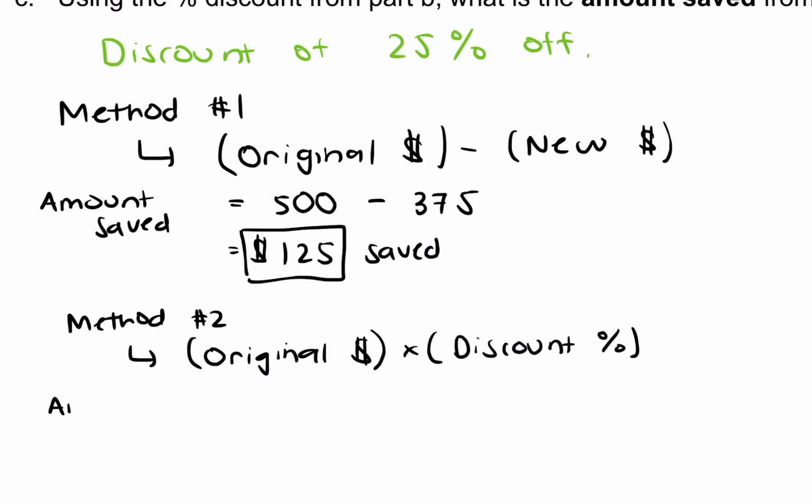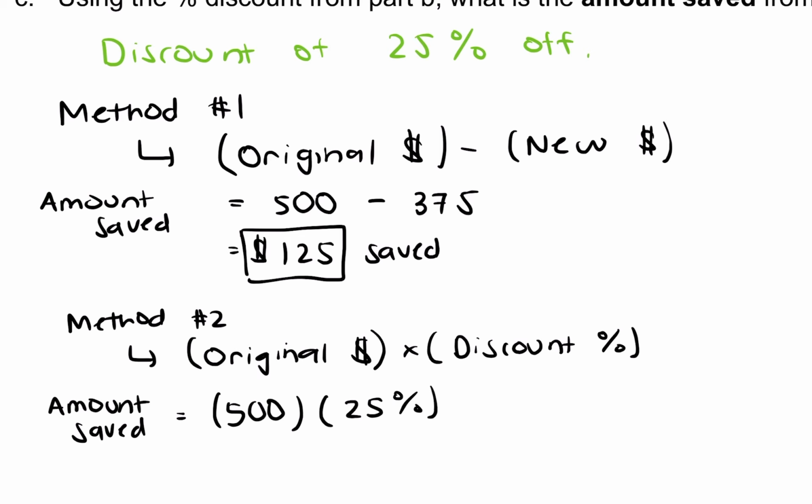So we multiply the original $500 by 25%.